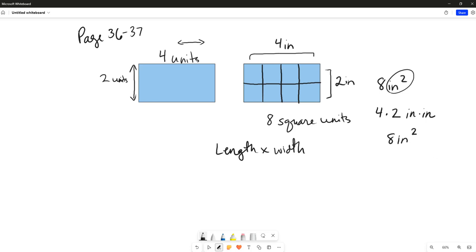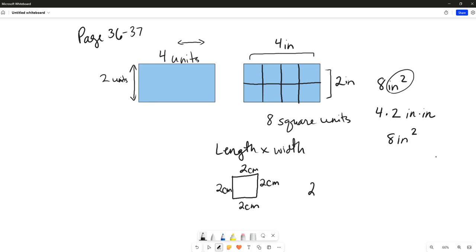All right. Now, the area of a square, like the area of a rectangle, you still find it the same way, but a square has all the same sides, right? So if this is 2 centimeters, this is also 2 centimeters, and this is 2 centimeters, and this is 2 centimeters. So length times width would be just squaring whatever is there.